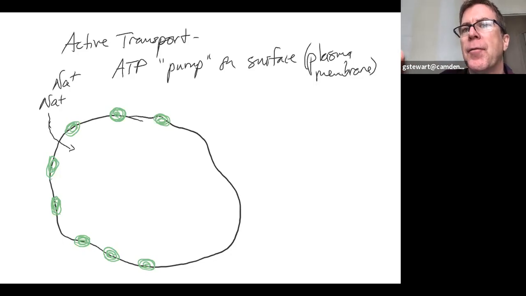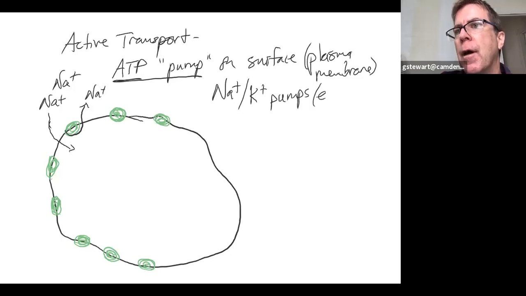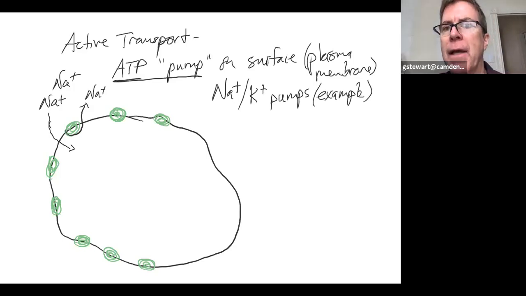What this ATP pump does is it captures that sodium that has run down its concentration gradient and it pumps it back out. That requires ATP to do that. And a lot of these pumps on the surface of our cells are called the sodium potassium pumps. This is just an example of a classic ATP driven pump on our cell plasma membranes.